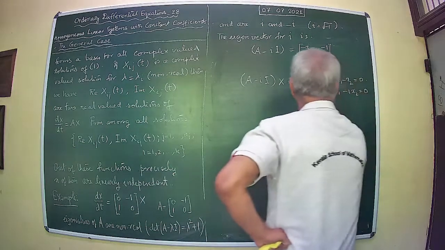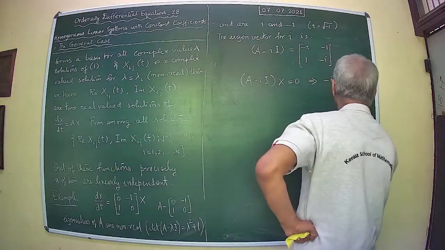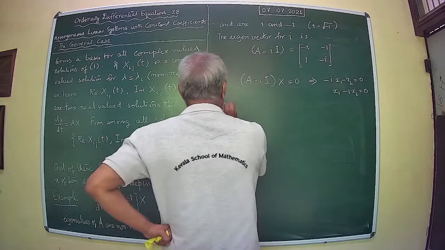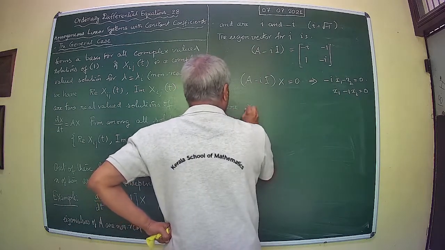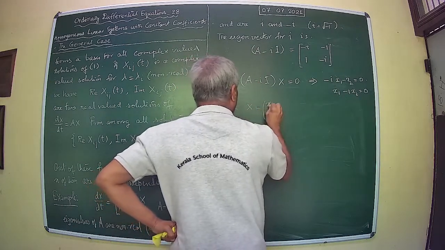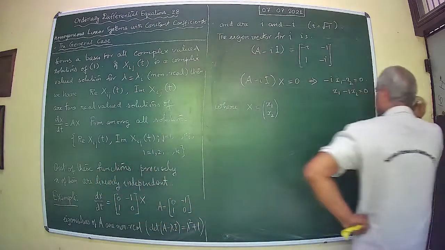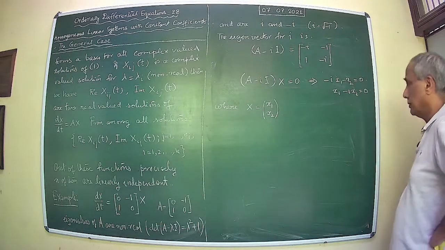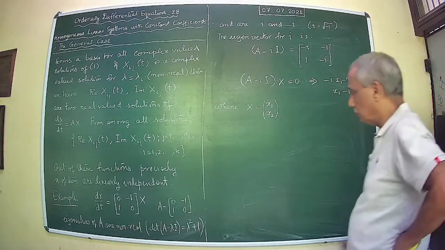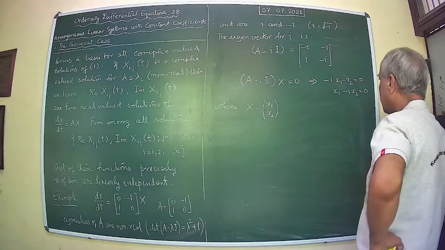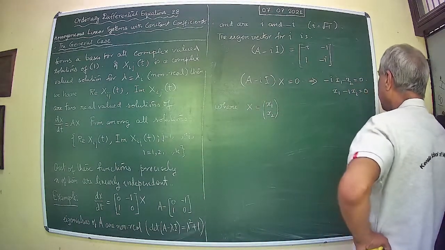Okay. You see that these are the two equations. Now solve these equations. So now these equations have a multitude of solutions, because the coefficient matrix is not invertible anymore.